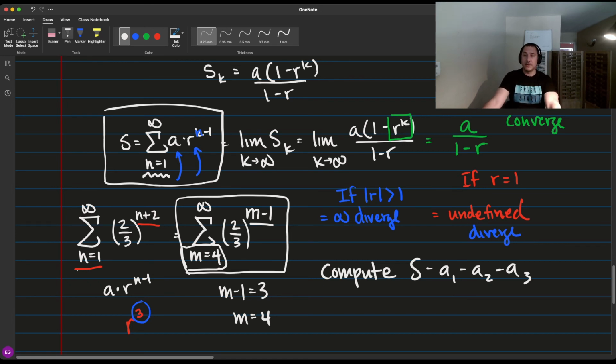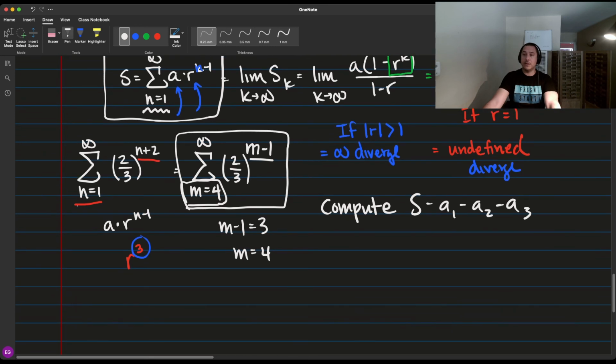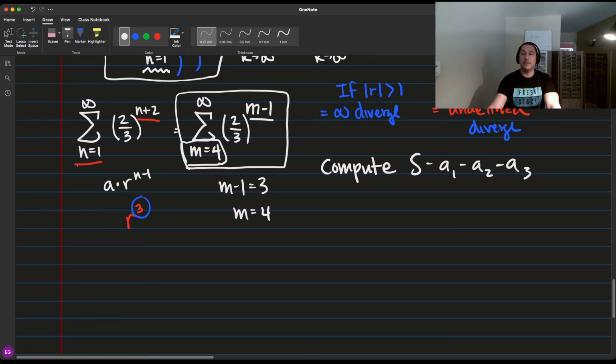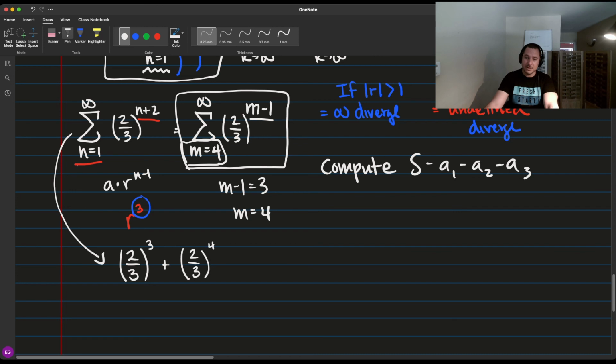Let's do it another way. So another helpful way to do this is actually compute the terms. So you would get 2/3. Okay, if you plug in n equals 1, do you see how you start off on the third? 2/3 to the third power. And then you would get 2/3 to the fourth power, and so on.